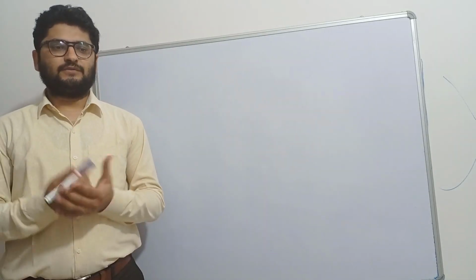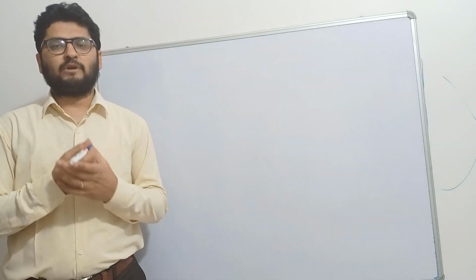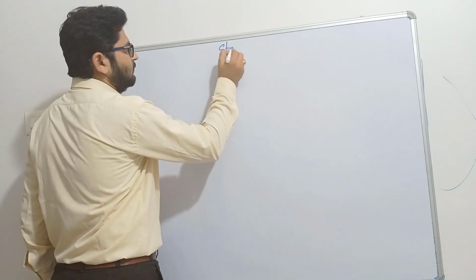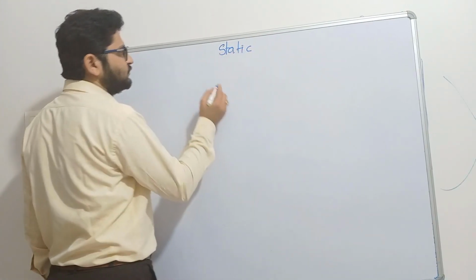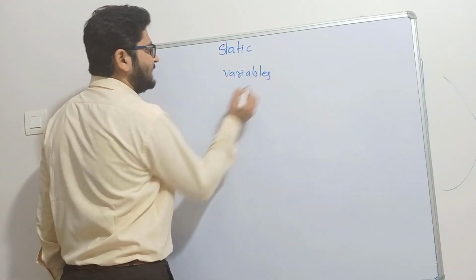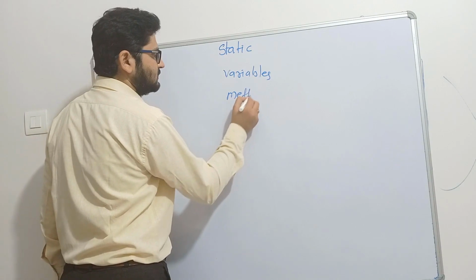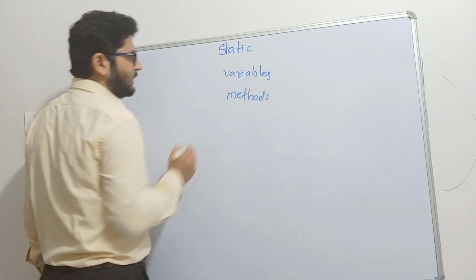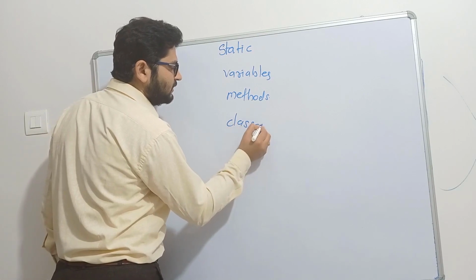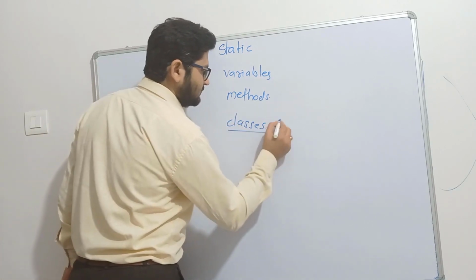Hello guys, in this video we are going to learn the static modifier of Java. Static can be used with variables, static can be used with methods, and in some cases static can also be used with classes.